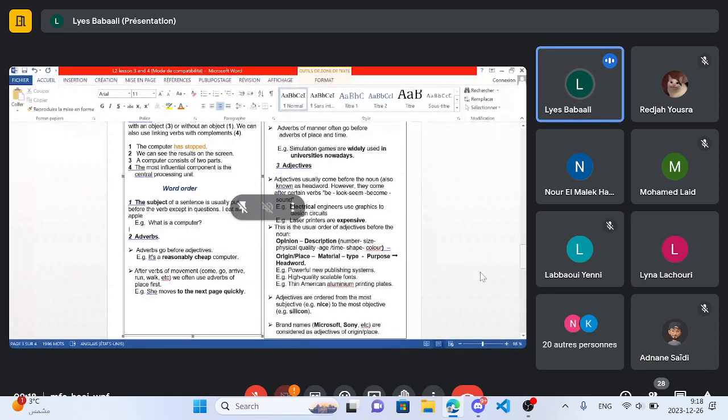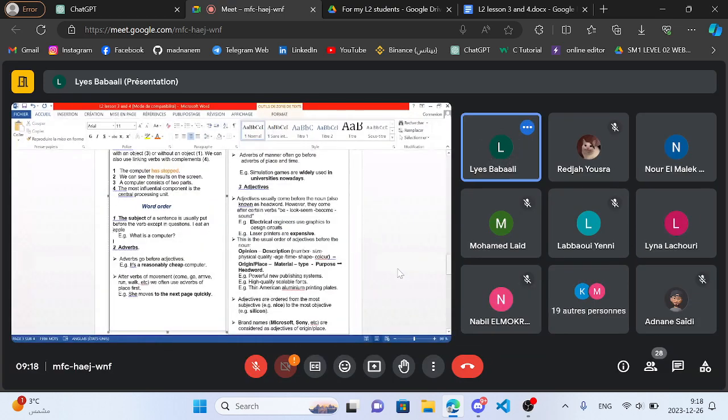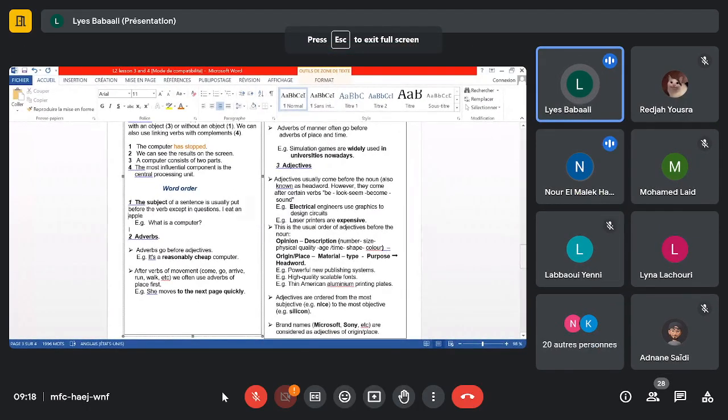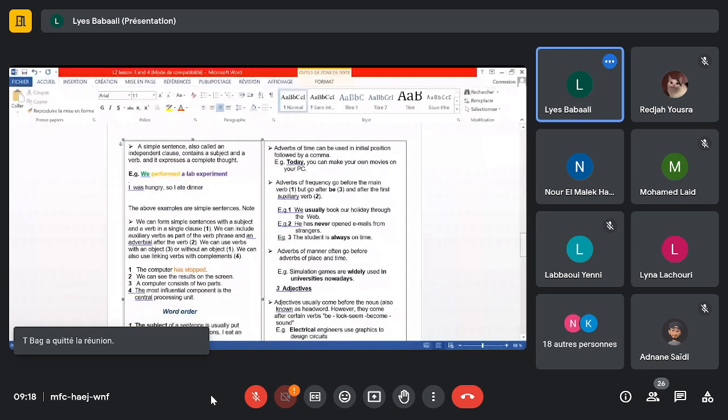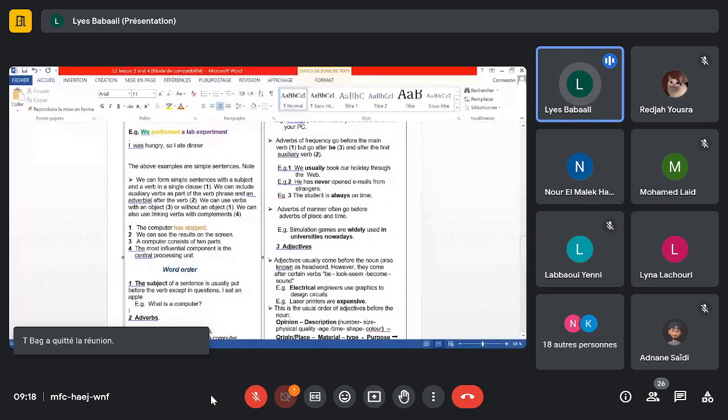So till now we spoke about simple sentences and word order. We have said that a simple sentence is an independent clause, and it consists of only a subject, a verb, and a phrase or a complement.